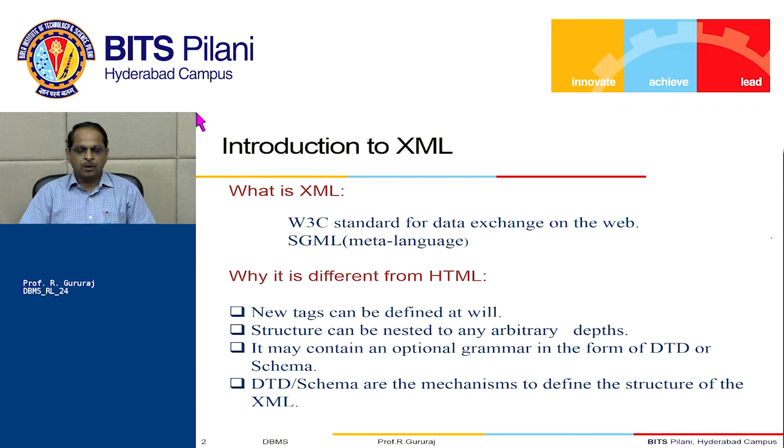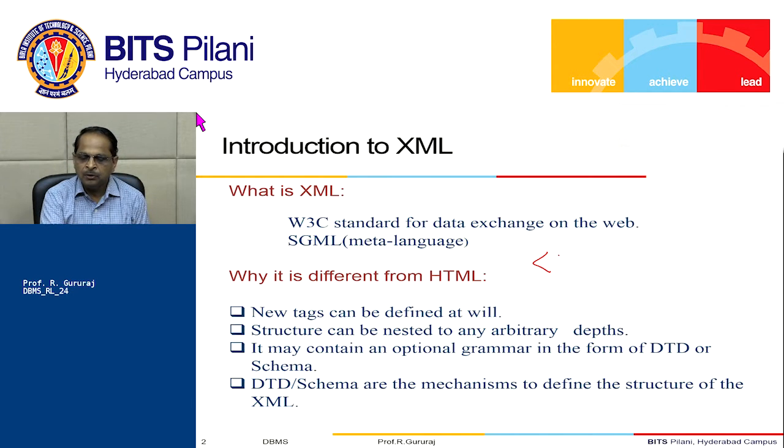And if you look at XML, it is meant for a different purpose. Here we don't put focus on how the content should be displayed. Rather, we try to describe the content. That is, the tags in an XML document specify what the content is about.